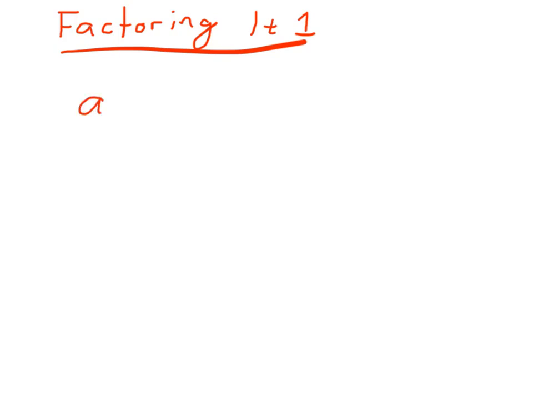AB plus B, and I were to say factor this, what you would notice is that this expression has two parts, and the B happens to be common to both, so we can factor it out.